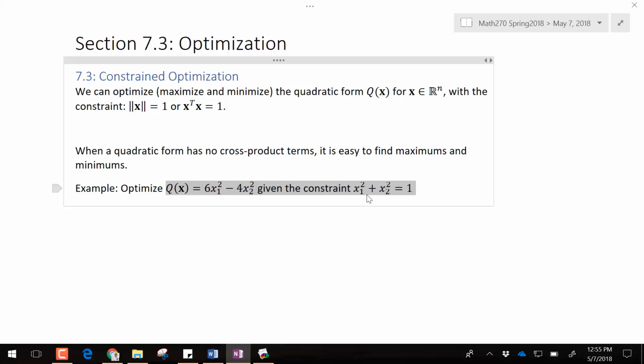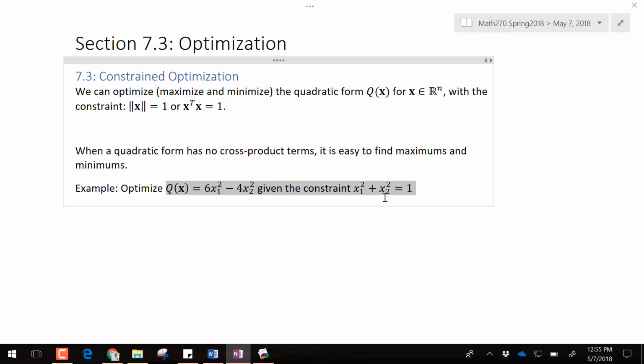Or if you don't know Calc 3, maybe you can solve for x2 and put it back into the quadratic function and have a function of just one variable, which is also manageable. We can also look at it graphically, but let's try to solve for this and see what kind of results we get using one of those methods.